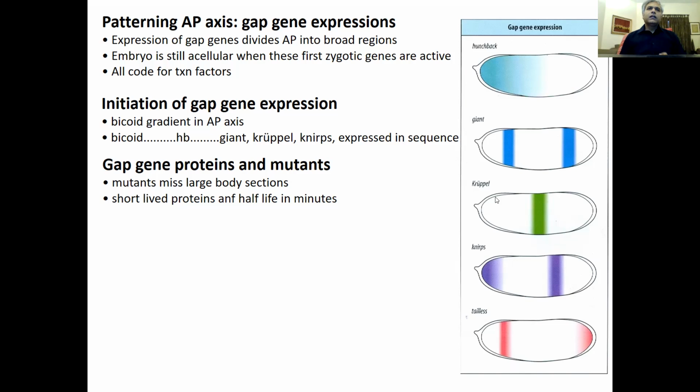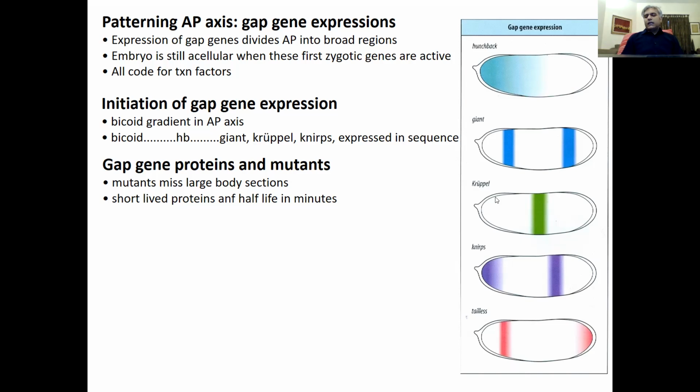Now, the expression of these gap genes, it was discovered that they coincide with specific broad regions within the anterior posterior axis.